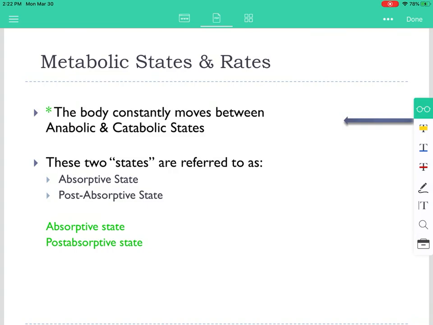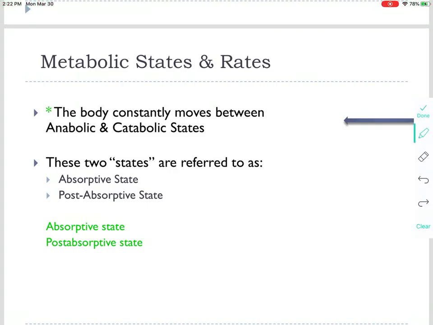Okay, last topic. Whew. Okay, metabolic states and rates. If we're speaking metabolically, and remember, metabolism is the sum of our chemical reactions, but if we're just thinking about what kind of state our body is in, we really only have two options. Sometimes I think people overthink this, and this is something that does not need to be overthought.